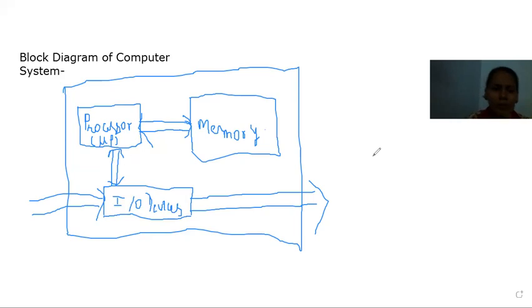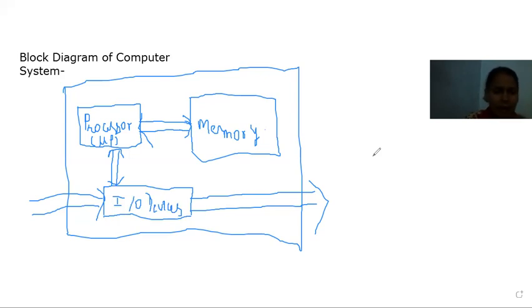Now, we will discuss how memory will store any program in the form of 1 and 0, because we know that computer understand only machine language.